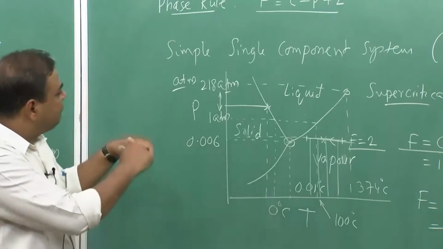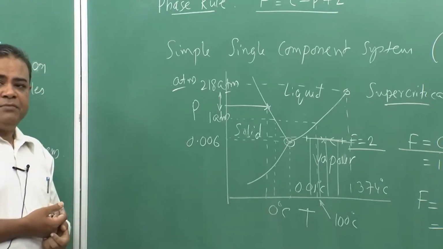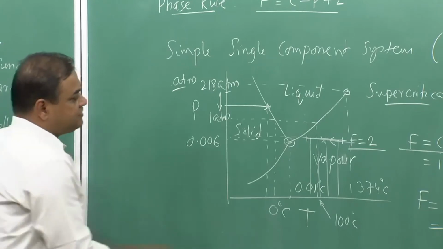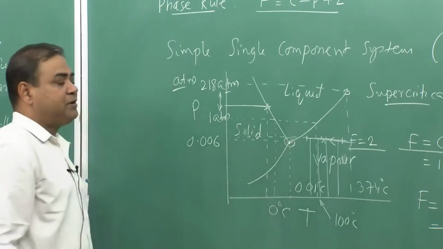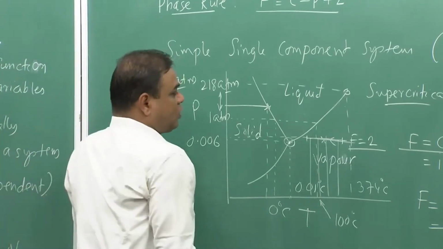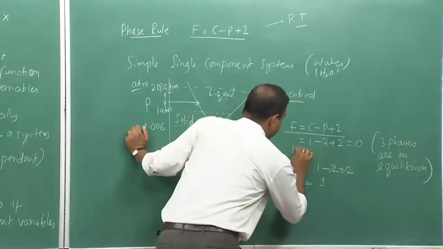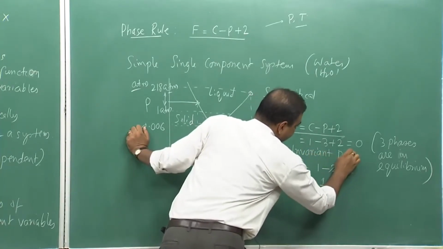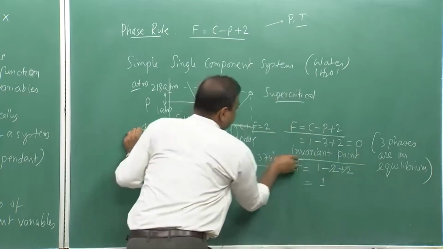So, that way we can find out the degrees of freedom at different points on this diagram, but the interesting one is this point where the degrees of freedom becomes 0. And this point is also called the invariant point.